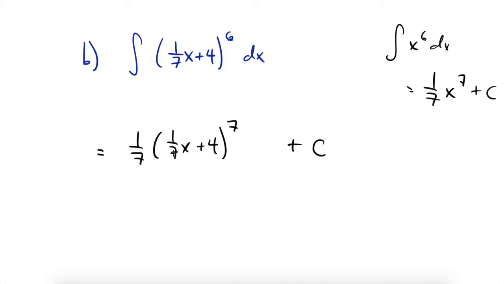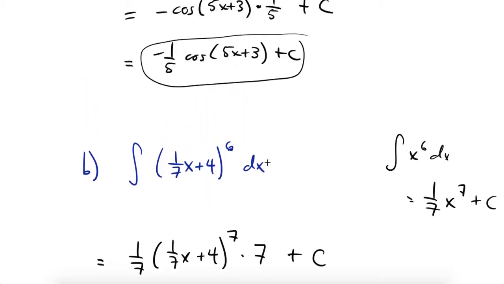But then, remember, whatever I get on this line, when I take the derivative, I ought to end up with this. So if I take the derivative of this, the 7 comes down and cancels this 1/7, fine. I subtract 1, which gives me my 1/7 x plus 4 to the 6th. But then I'd also have to multiply by the derivative of the inside function, which in this case happens to be a 1/7. So I'm going to have to undo that scaling by multiplying by 7.